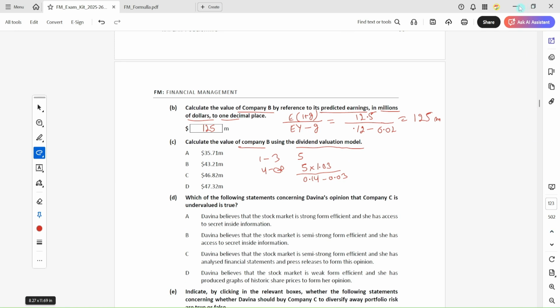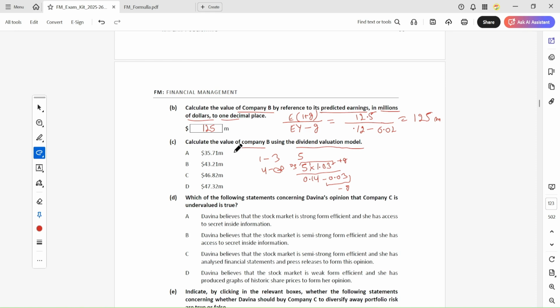From the fourth year, the dividend will grow at 3%. So this is the fourth year dividend. In the denominator we have deducted the growth, and here we add the growth. This dividend is the year 3 dividend, and this will be at perpetuity.